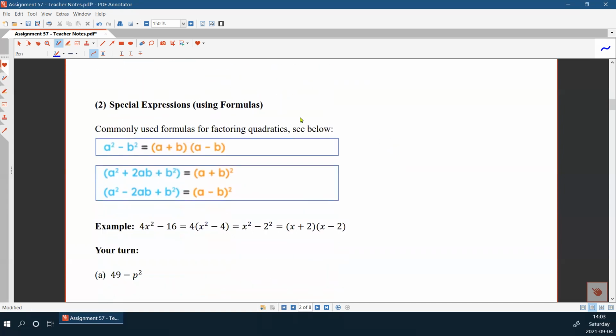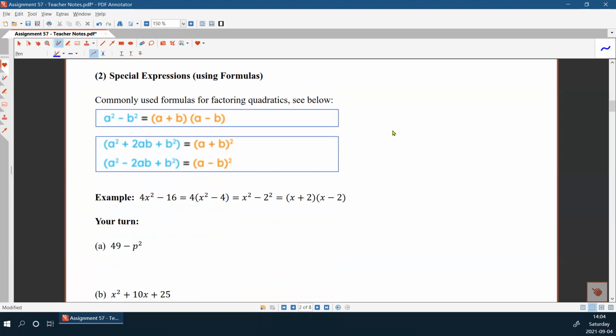All right, the second technique, special expressions. There are some formulas we can use to factor quadratics. For example, the difference of squares: a squared minus b squared equals a plus b times a minus b, right?